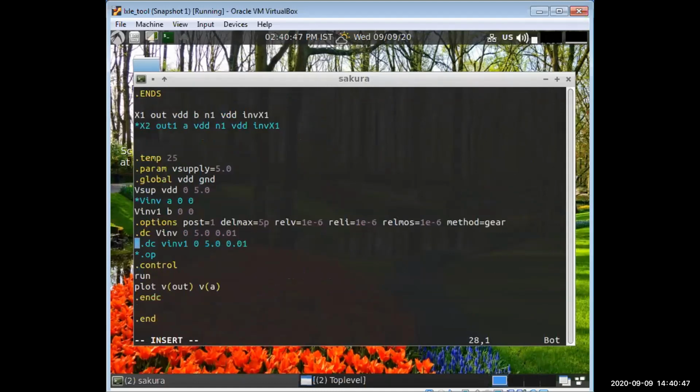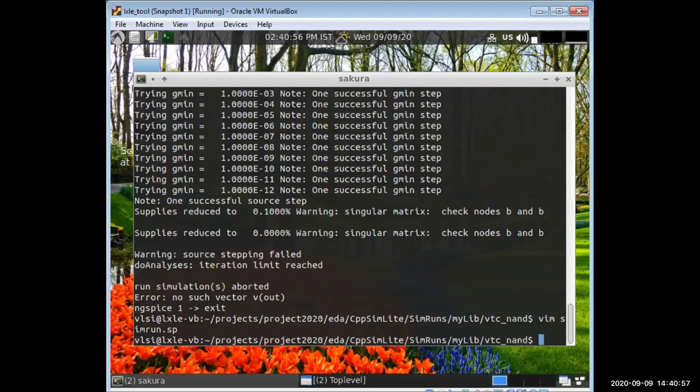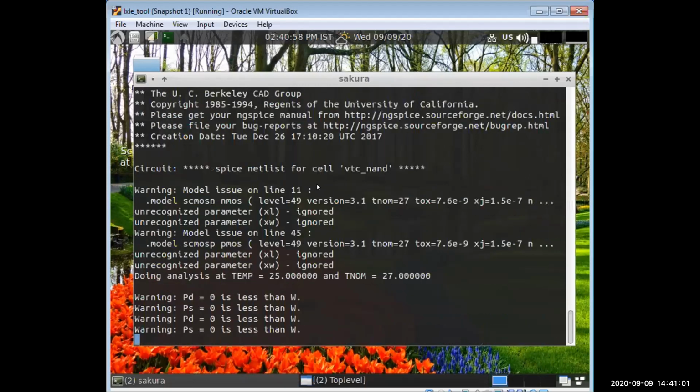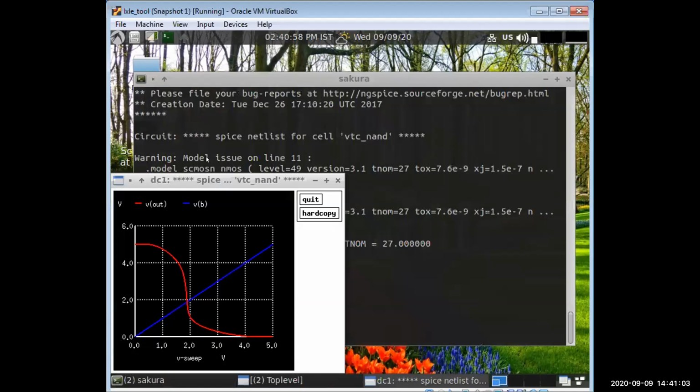So just write here VINV1 and B. Okay, so this is the curve I am getting when I am sweeping B.